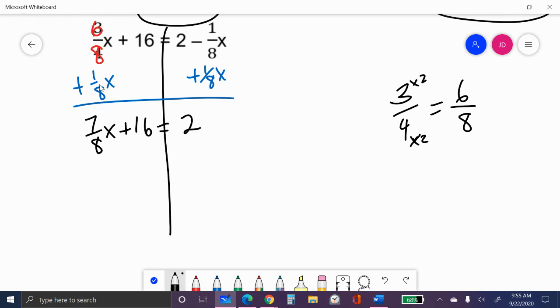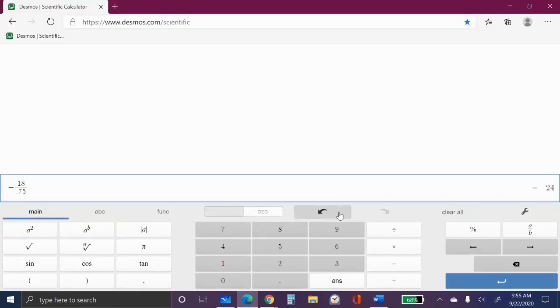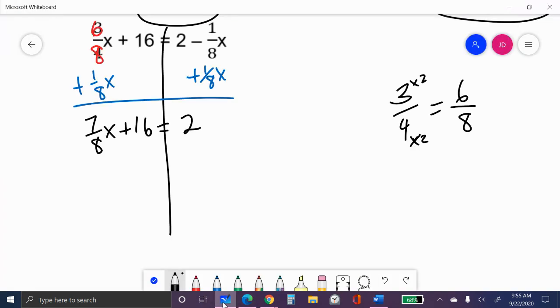So remember, when you're adding and subtracting fractions, you add the numerators and keep the denominators the same. So 6/8 plus 1/8 is 7/8. And if I converted that to a decimal, let's see what I would get. I'm just curious. 7/8 is 0.875. Okay, so it's not an ugly decimal, but it could work.